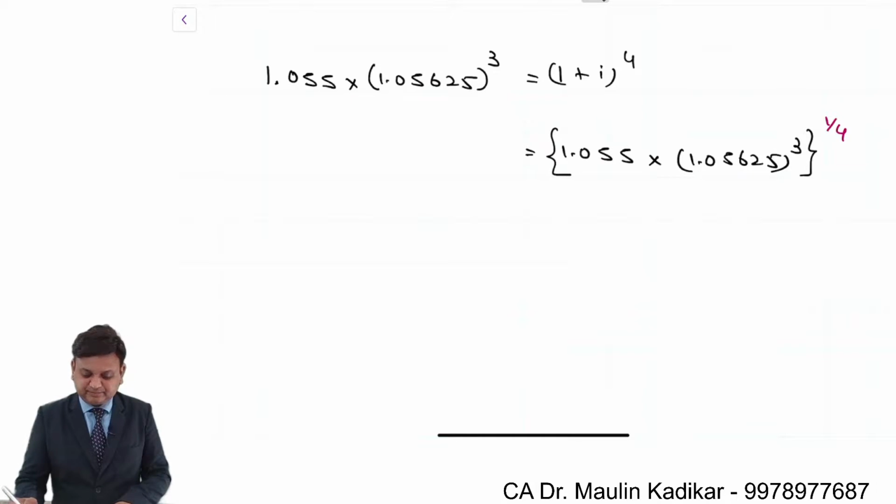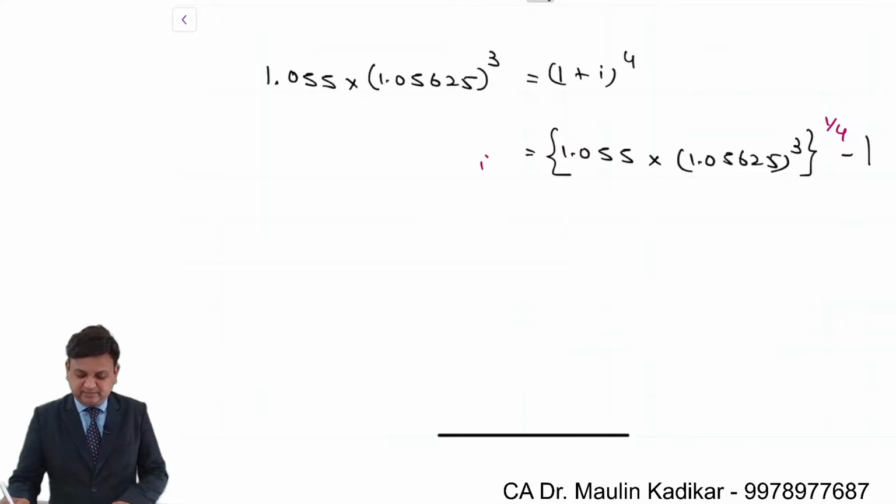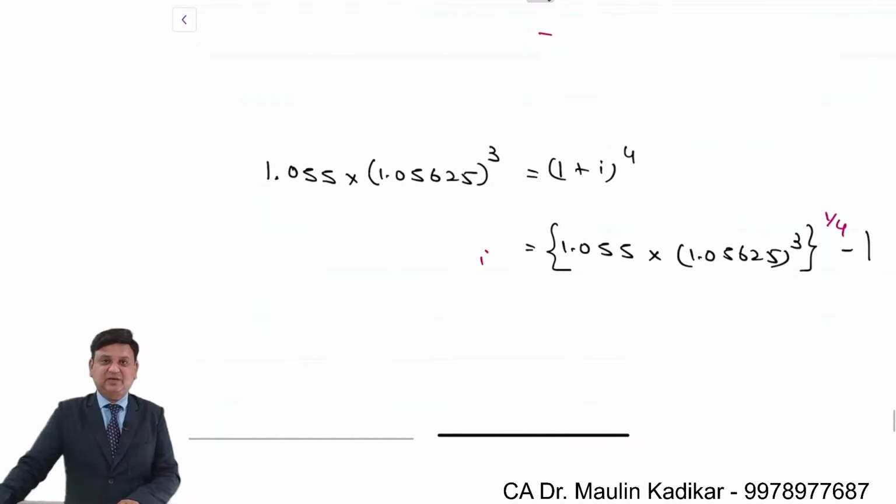Raised to 1 by 4. This will remain 1 plus i. The 1 will go to the other side, so it will become negative. So it will become negative on the opposite side. So minus 1. This is the way we have the equation.